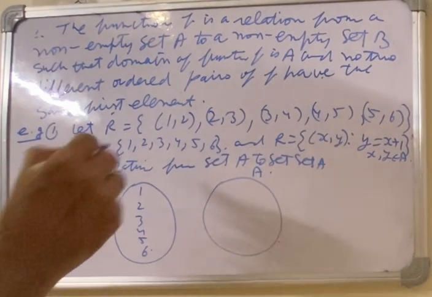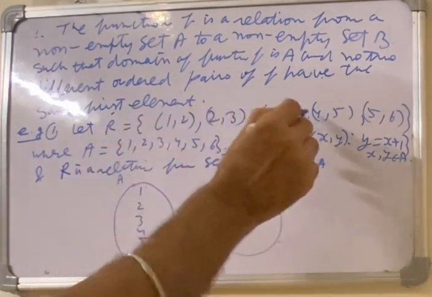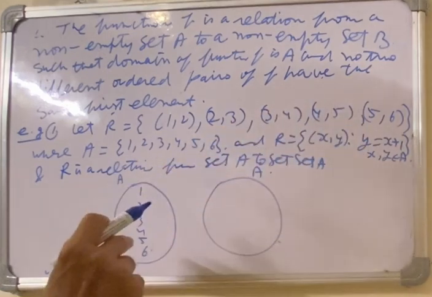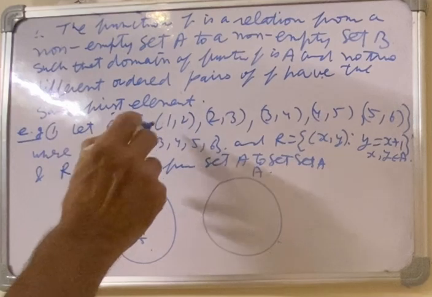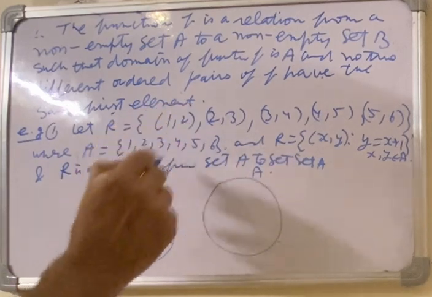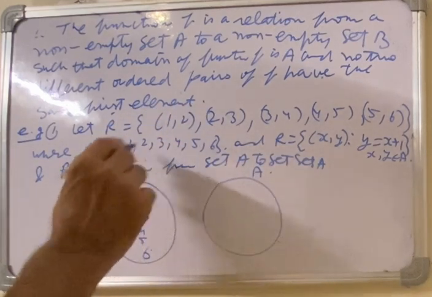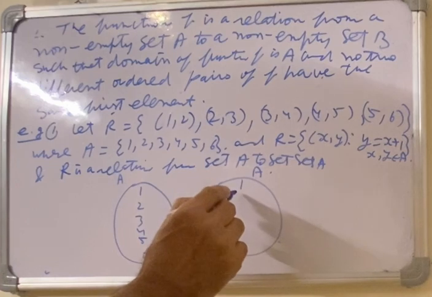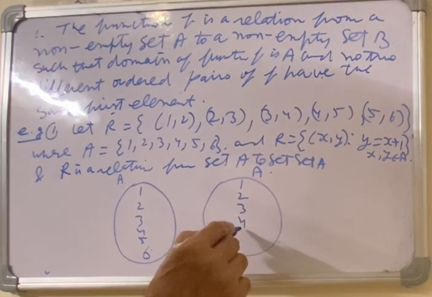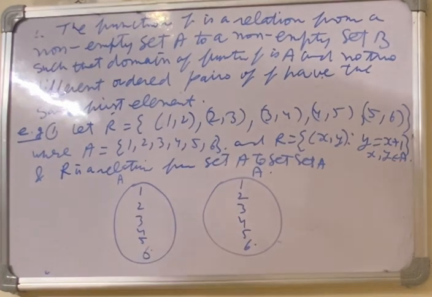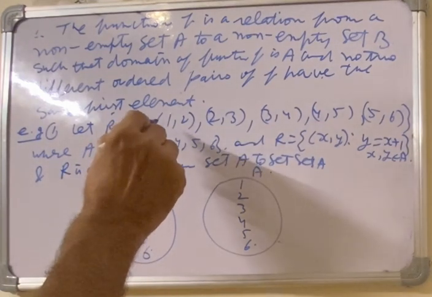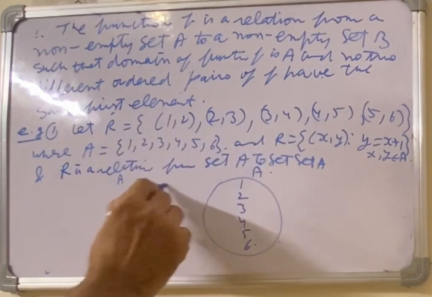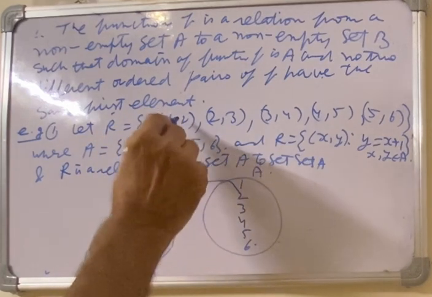This is set A and this is also set A. Now, element 1 is related to 2.